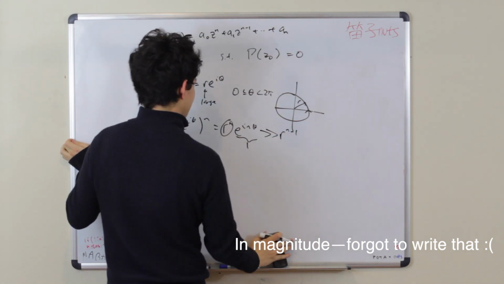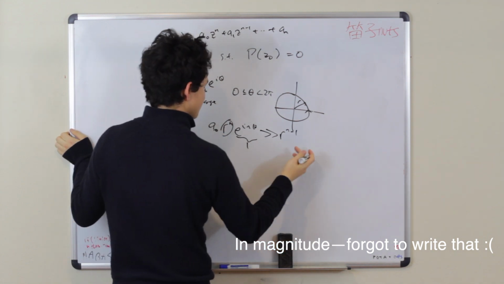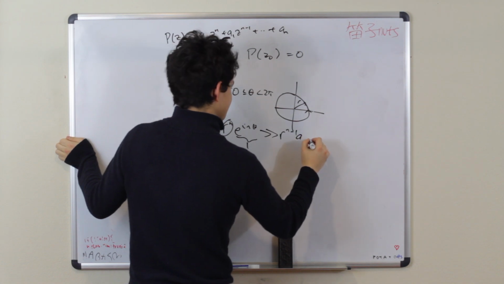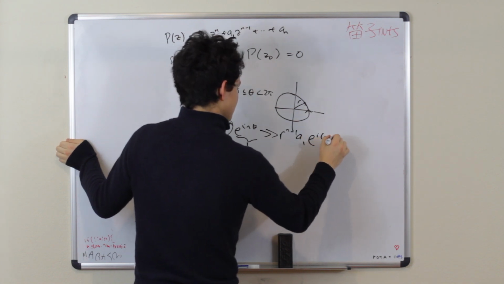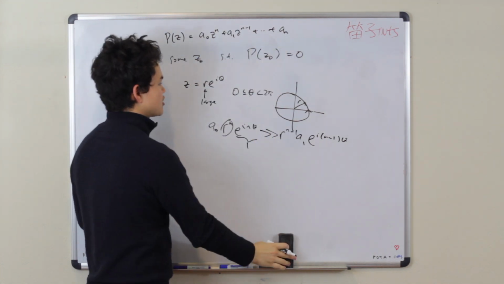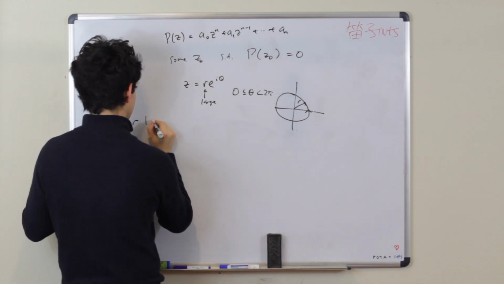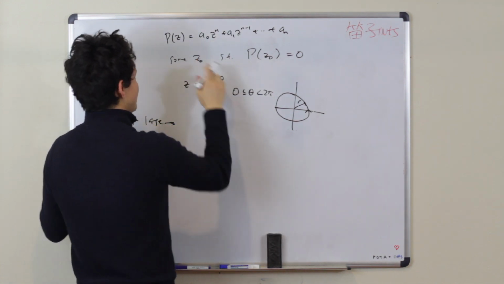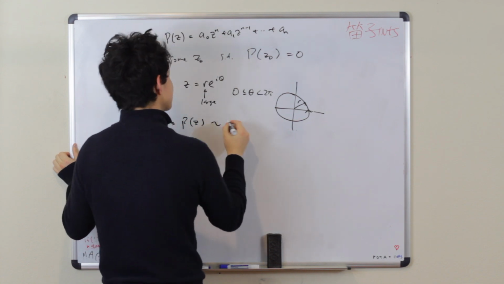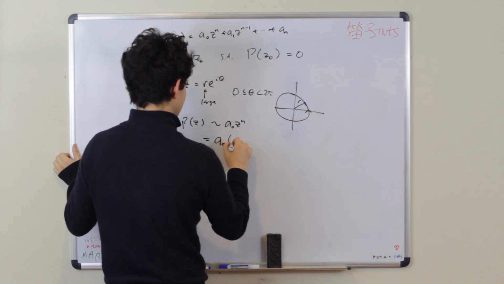So if this is our first term, a0 or whatever, then it's eventually going to be much greater than our next term. So this term is eventually going to dominate all the other terms for r large. So r being large implies that P of z will become approximately a0 times z to the n.